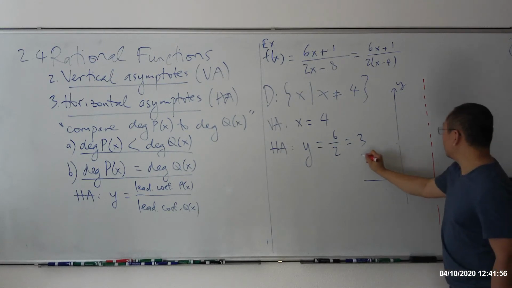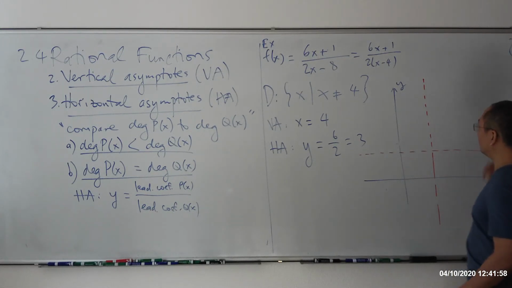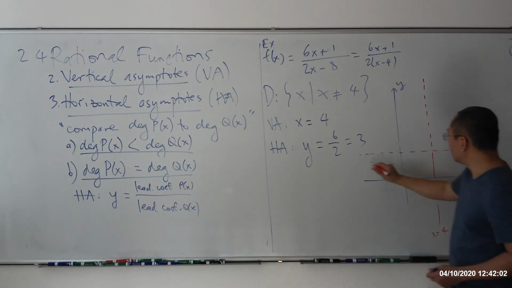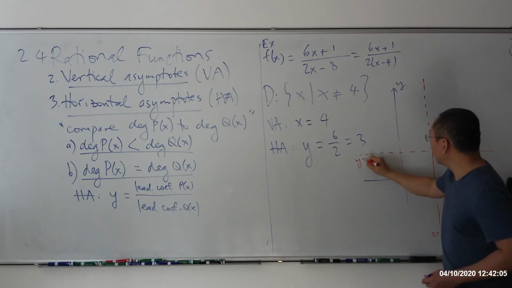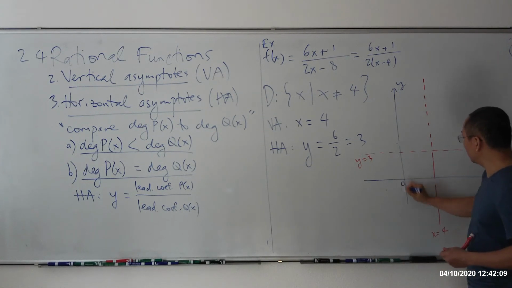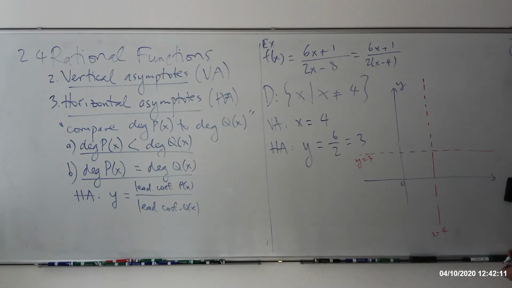The horizontal asymptote is y equal to 3, right here. This line right here is y equal to 3, and this is the origin. Okay, and the graph is going to be like this.